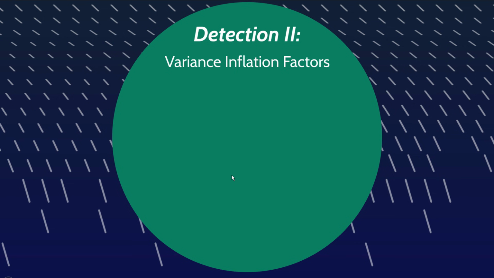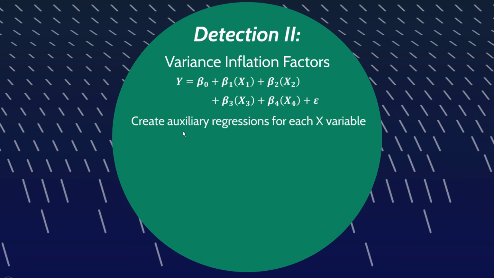Now, as I said, this is a little bit more robust because unlike correlations, we're no longer looking at bivariate relationships between the x variables. We can actually do a little bit more here. So let's again look at a theoretical regression with y and 4 x variables, x1, x2, x3, and x4. The way to calculate the variance inflation factor for each of the x variables is to first create an auxiliary regression for each of the x variables.